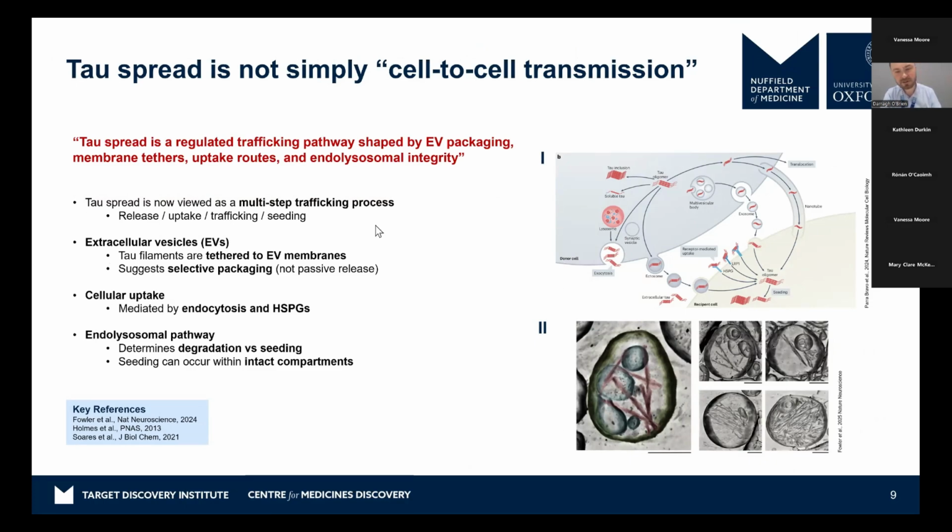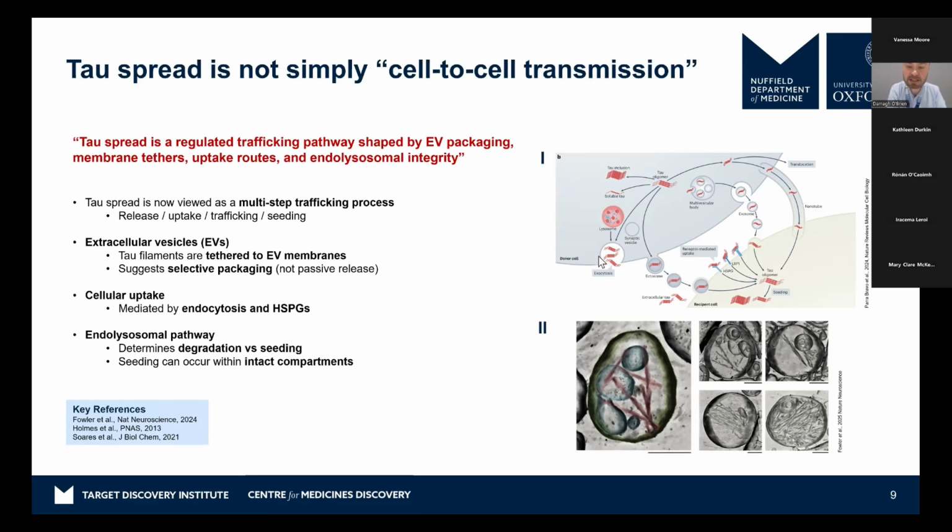So recent work in our institute and others has highlighted the role of extracellular vesicles in this process. So tau filaments, which have been observed in EVs, have been shown to be tethered to the membrane, and this suggests that tau spreading is actually selectively packaged rather than randomly released into the extracellular environment.